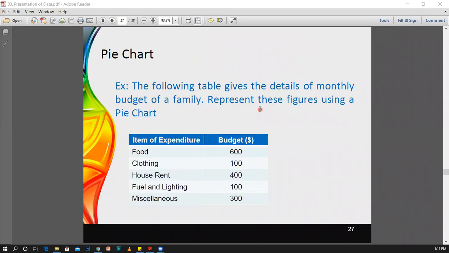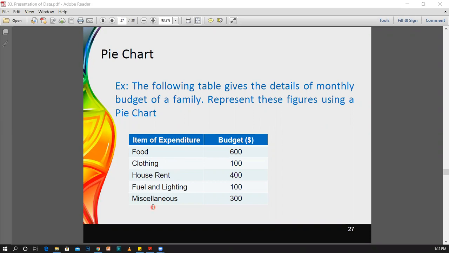This is an example that we can try to obtain a pie chart. In this example, we are given the details of the monthly budget of a family, and you are asked to represent these figures using a pie chart. You can identify the items of expenditure.